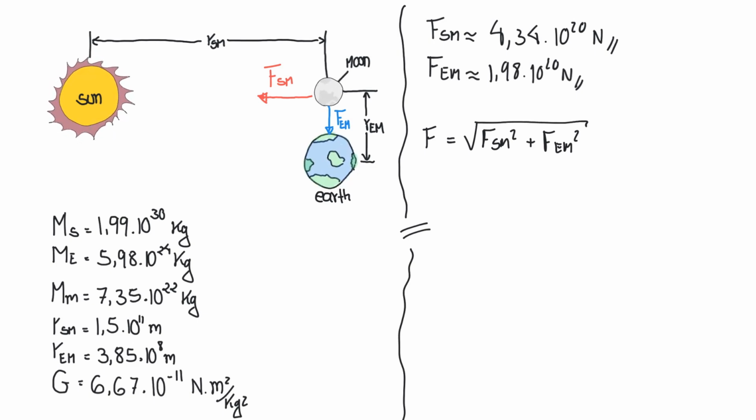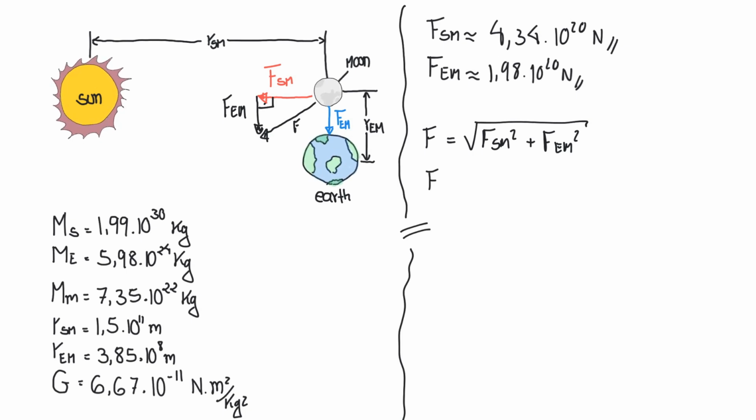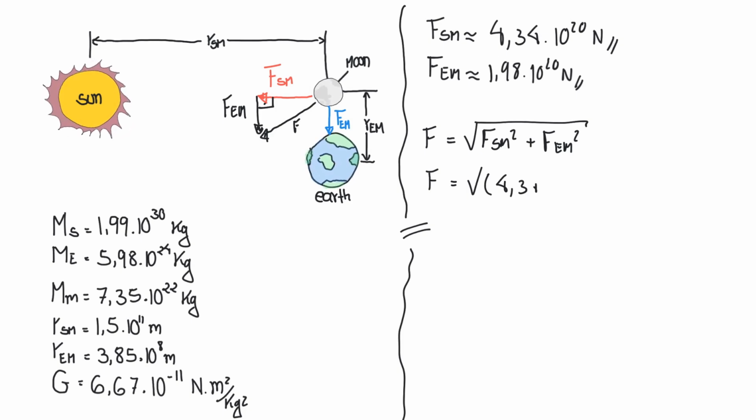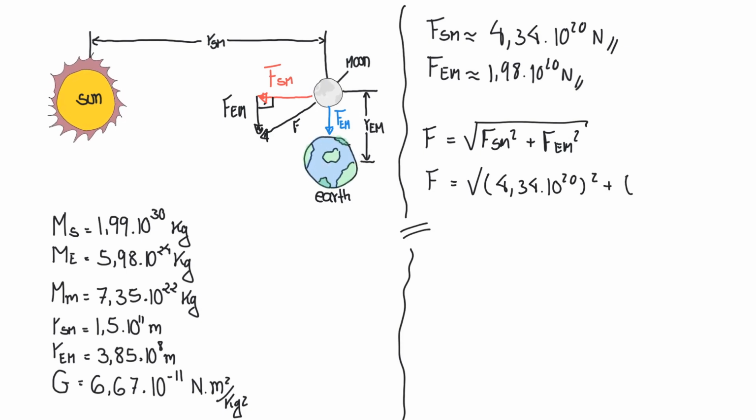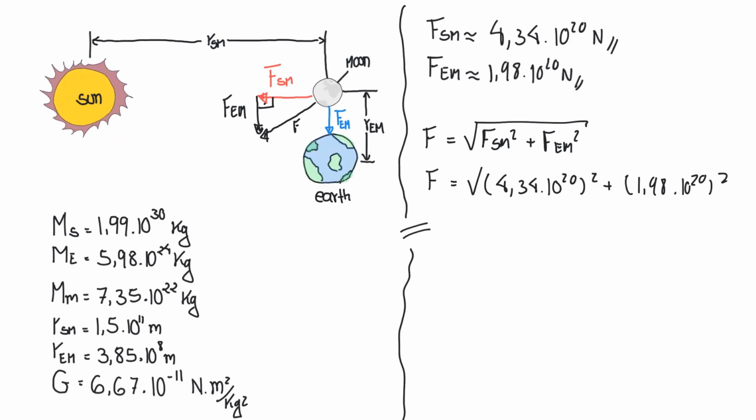Because we are adding Fsm with Fem, and this results in a force that points in this direction. And we have a right triangle, and then we just have to apply the Pythagorean theorem to get the value of F. By plugging in the values that we have, we get that F is equal to the square root of 4.34 times 10 to the 20 squared plus 1.98 times 10 to the 20 squared.